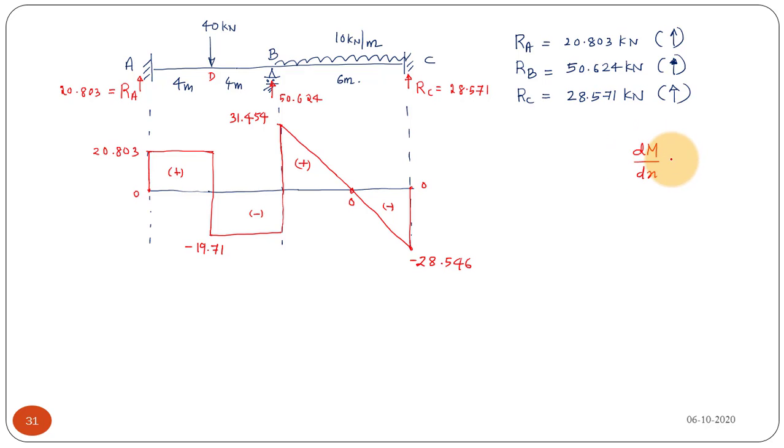If you take the first derivative of moment, you get the shear force. For the moment to be maximum, mathematically dM/dx should be 0, and dM/dx is nothing but the shear force. So wherever we have zero shear force, you will get the maximum moment. This is the final shear force diagram for your continuous beam.